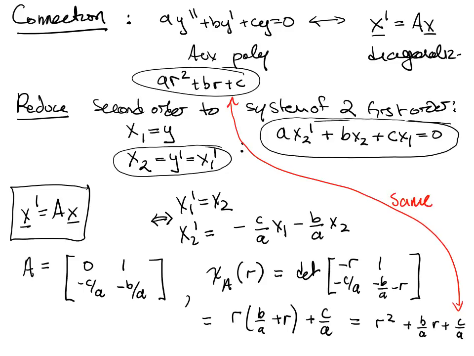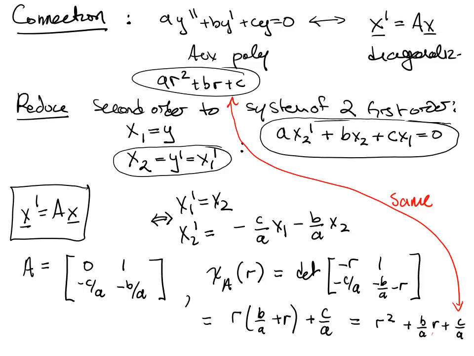And that's what I meant when I said they're the same. You could reduce the second order equation to a system of two first order equations and compute the eigenvalues. The eigenvalues would just be the roots of the auxiliary polynomial. So actually, these are two different ways of doing the same thing.